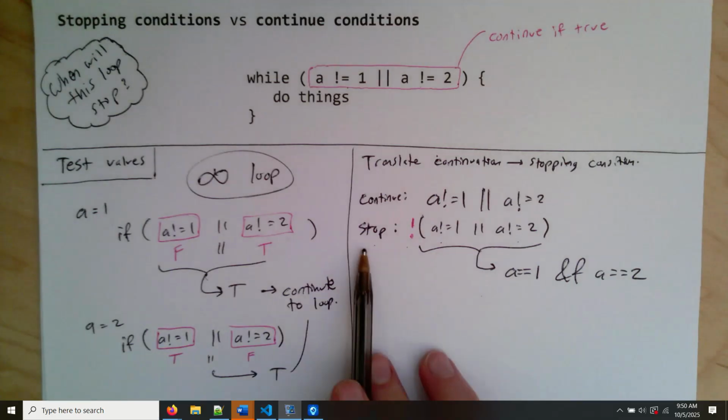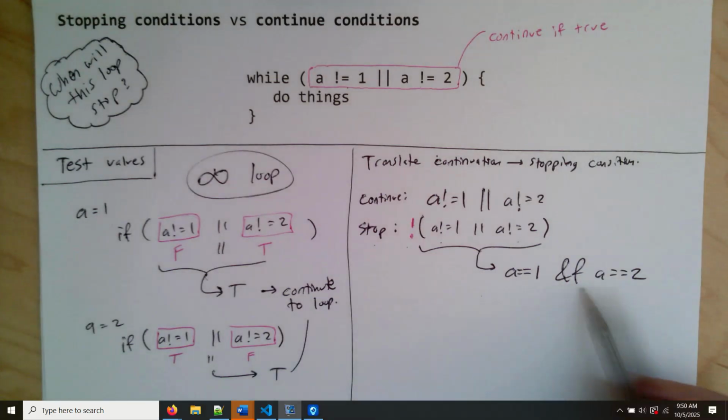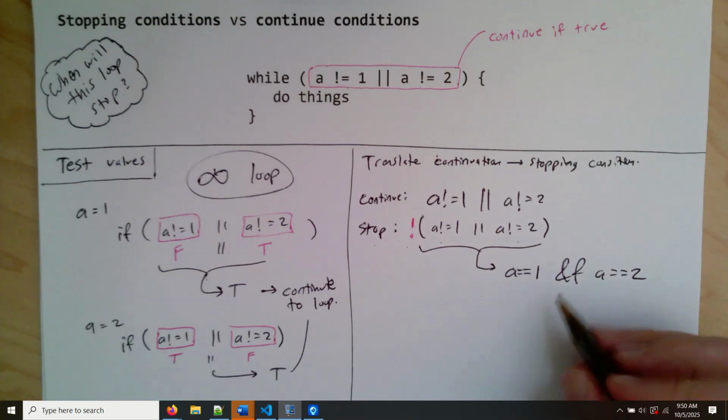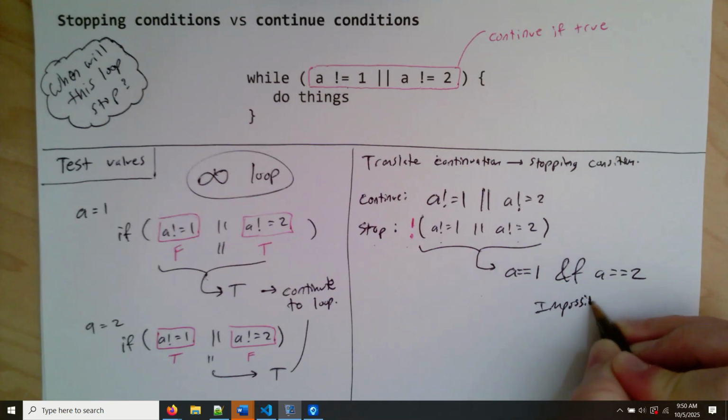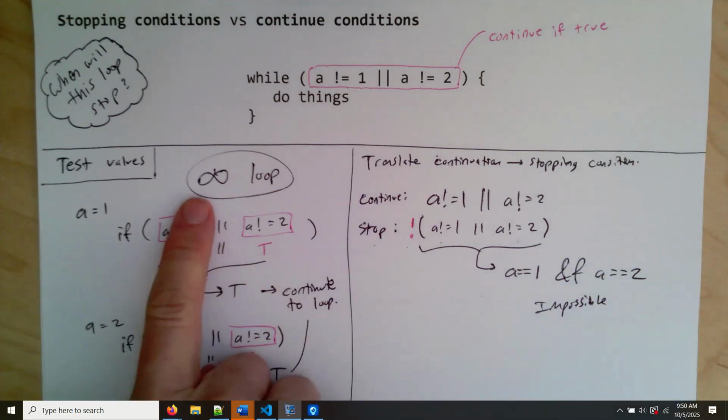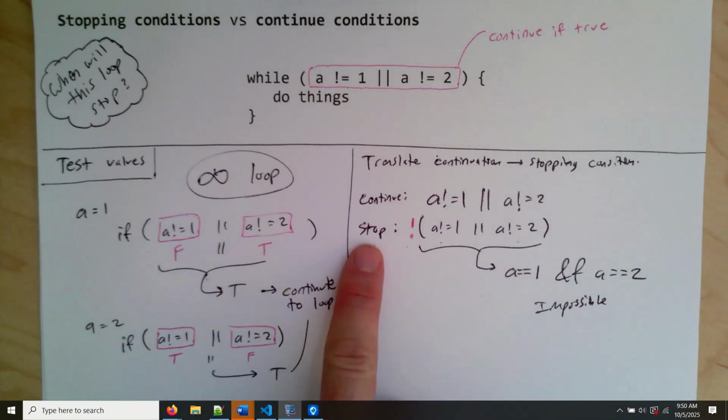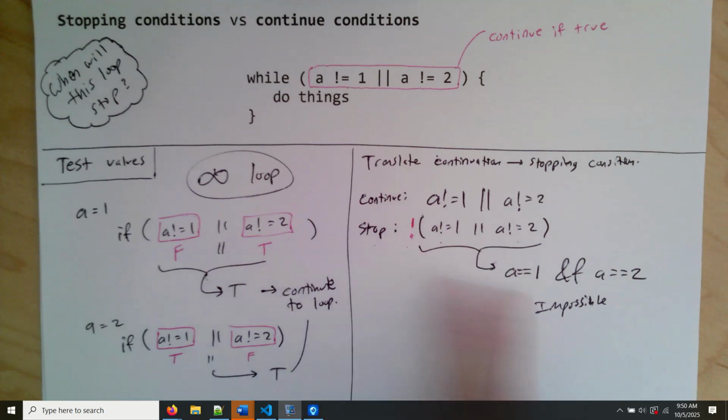So the stopping condition is a has to be 1 and 2 at the same time. And clearly you can see that that's impossible. That's just a different way of seeing why this causes an infinite loop, because the stopping condition that would logically have to happen is one that can never be satisfied.